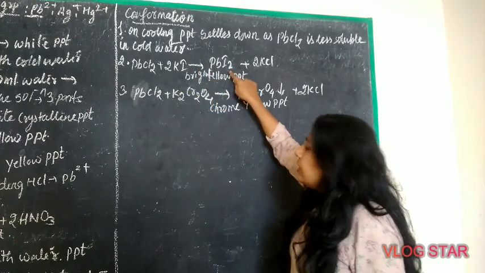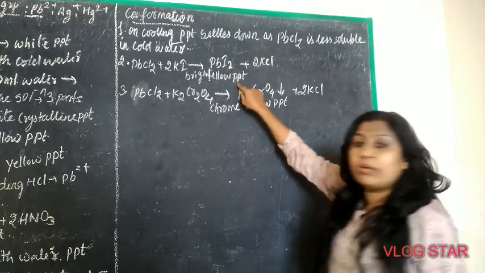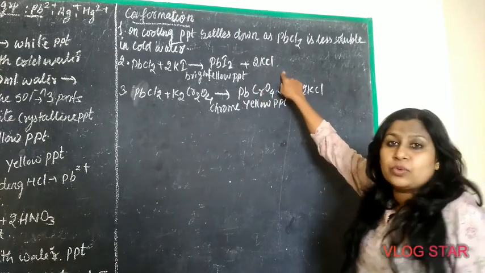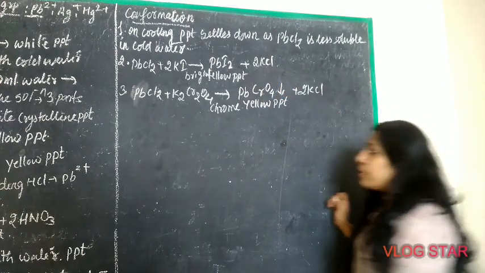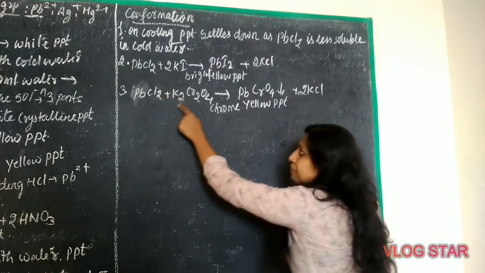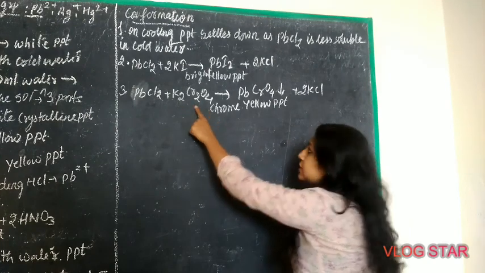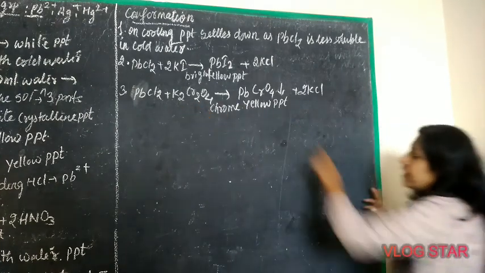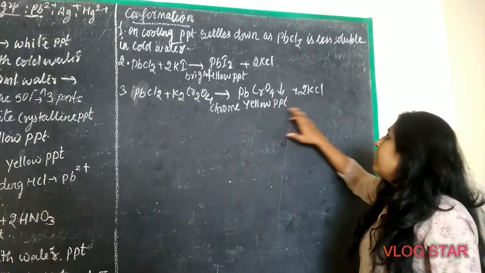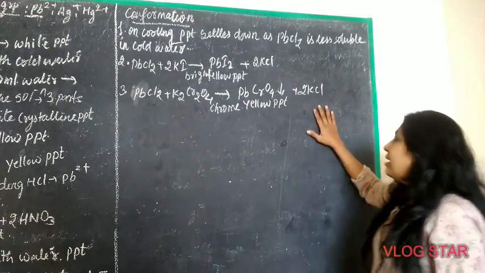When added, it gives lead iodide, which is of a bright yellow color, and 2KCl. To the third part, lead chloride plus K2CrO4, this is potassium chromate. It gives chrome yellow color of lead chromate and KCl.